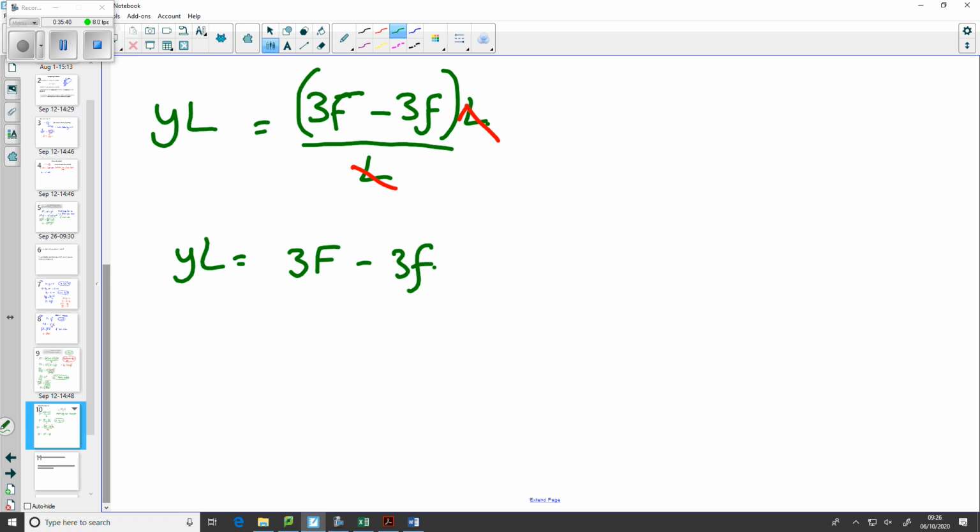Next. You could divide by 3, but hang on, there's a 3 in that term, so you can divide by 3.